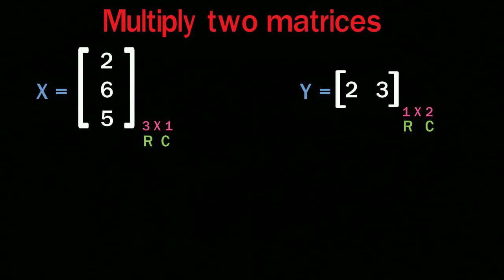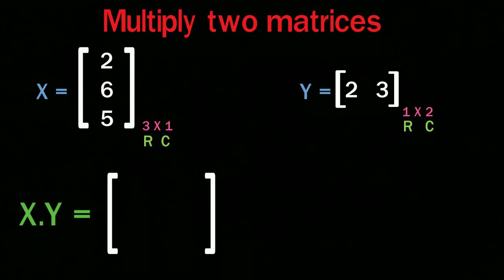So if we have X multiplied with Y, we are supposed to get a matrix with the order 3 by 2, so 3 rows and 2 columns. Let's start off with the first element of the answer.